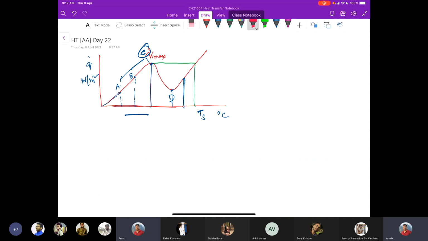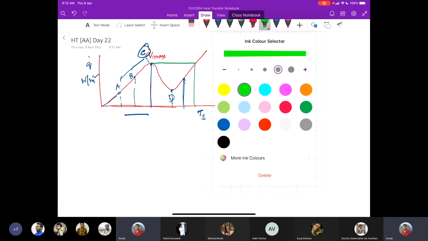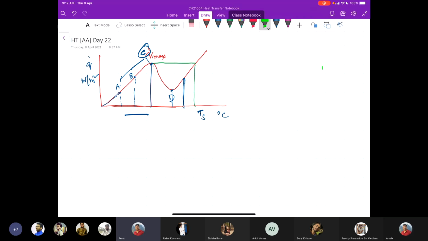So what happens in this actual case, you start heating, it goes like this, and from the critical point, it quickly shifts to this point directly, because it is at the same heat flux, and then it increases.